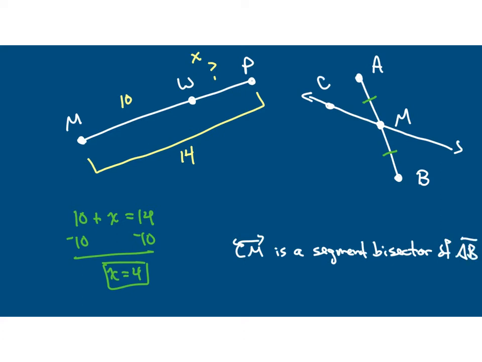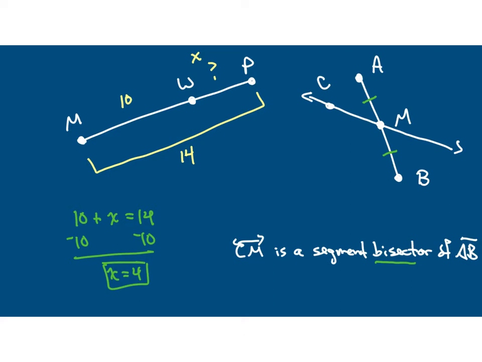A couple things to notice. First of all, it's a segment bisector because AB is a segment. The other part to make note of is this phrase bisect right in there, which means cuts in half. This line CM comes and cuts right through AB right here at point M. That's the midpoint. So anything that comes in at this midpoint is considered a bisector.